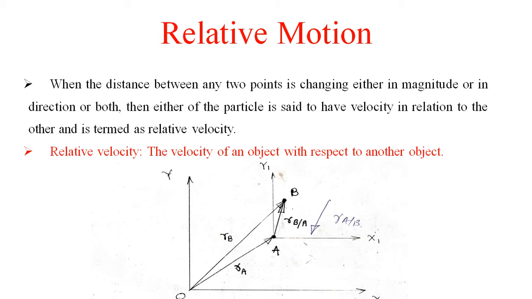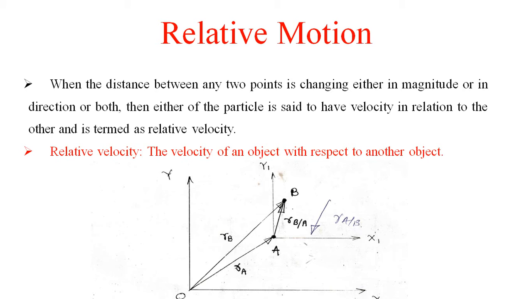Is that 20 meters per second actually the true velocity? No, it is not, because we are considering it with respect to some fixed reference point, but actually the earth is also moving. So finding the velocity relative to the earth becomes a quite tedious and cumbersome job. Do you understand the concept of relative velocity?